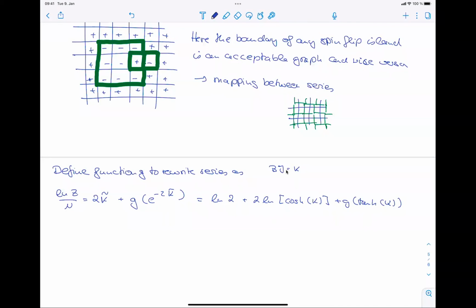So if I map the K tilde to the K, I should be able to write this down, noting that this is the low temperature expansion, and this is the high temperature.